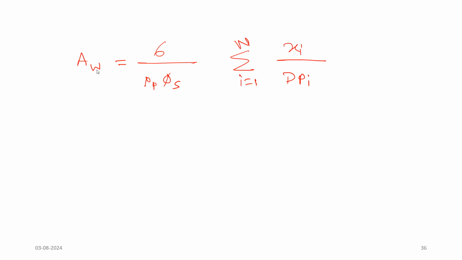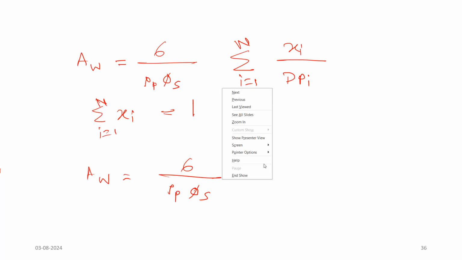Now, in the Rittinger's law case, we also know that the mass fraction of all the particles is always 1, right? So the specific area can also be written as 6 by rho p phi s, summation of xi will be 1, so it will be 1 by dpb, that is the average size of particles.